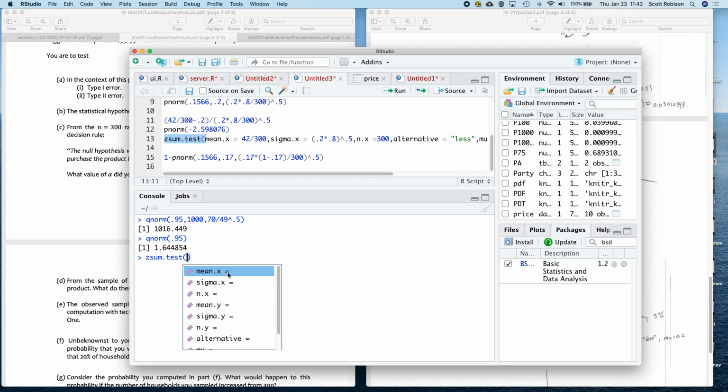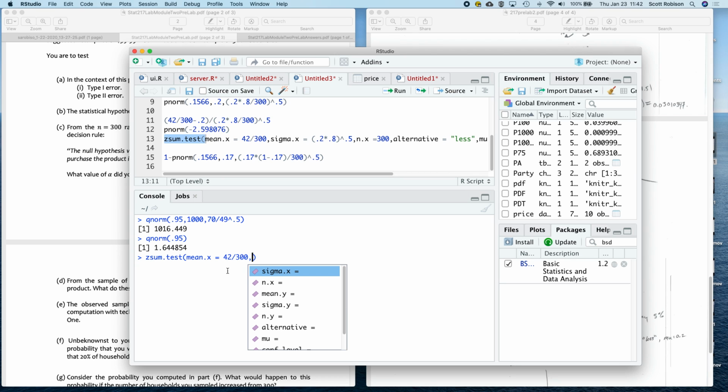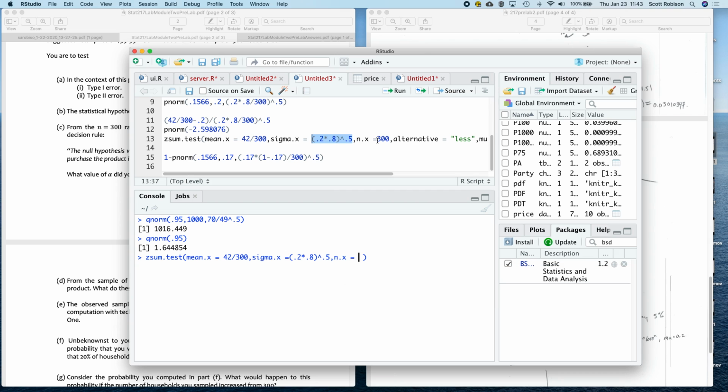So if it's a test of proportions, then the first thing that you need to give the function is the sample proportion, which was 42 out of 300. Then you need to give it sigma. So what is sigma going to be here? Sigma is going to be p times 1 minus p, and then the square root of that. So here, the population standard deviation of a proportion is the square root of p times 1 minus p. And then the sample size, of course, is 300.